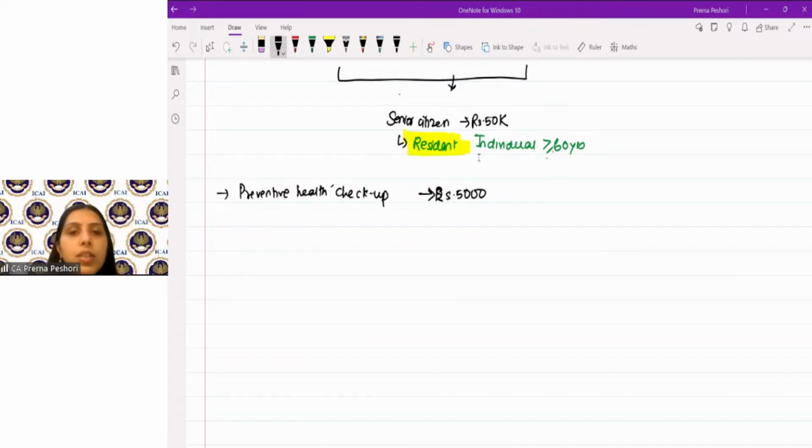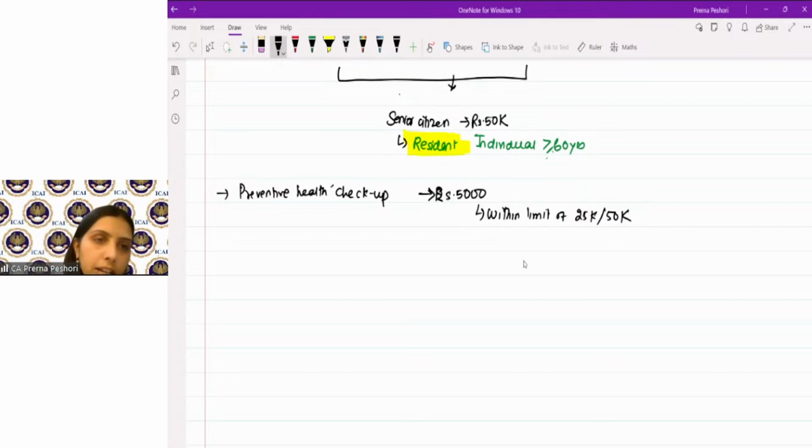However, this is within the overall limit of 25,000 or 50,000 as the case may be. Clear? Now the payment here can be by any mode, including cash, in respect of any sum paid on account of preventive health checkup.